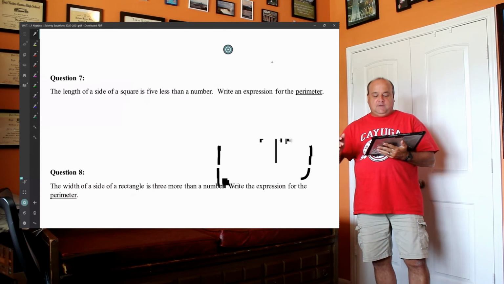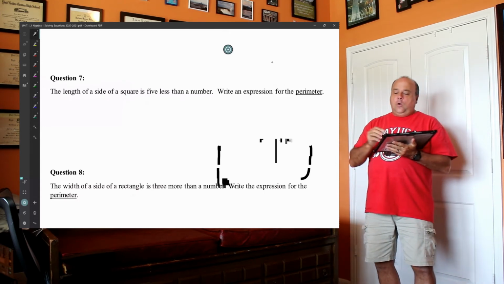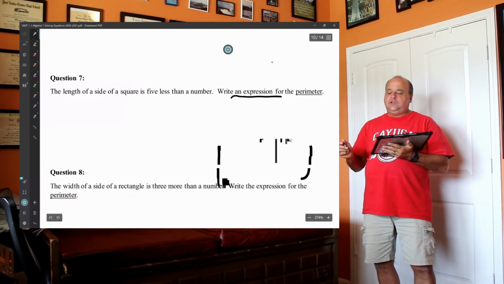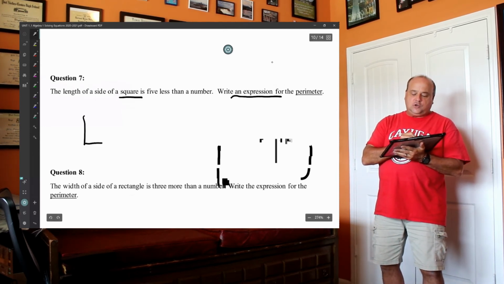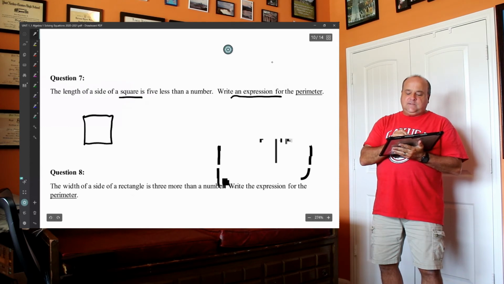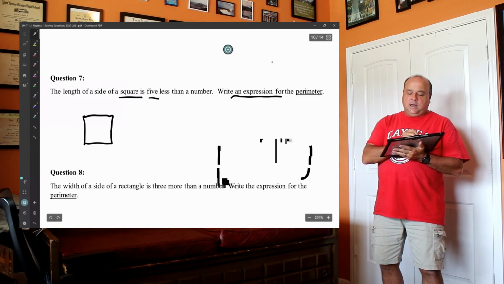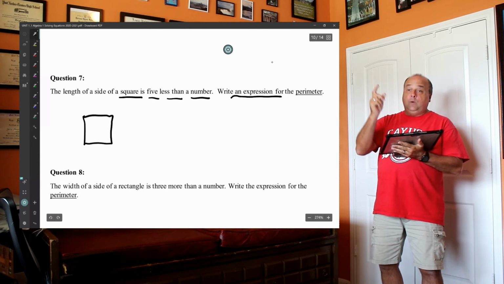Okay, question 7. All we have to do on question 7 is write an expression for the perimeter. So we have a square. Draw a square. Then it says 5 less than a number. The length of a side of a square is 5 less than a number. Now then, remember less than.